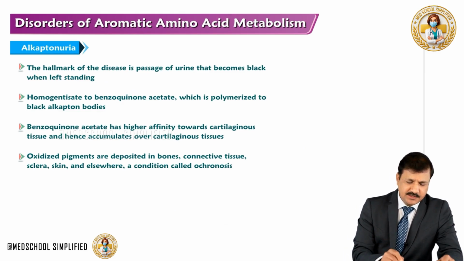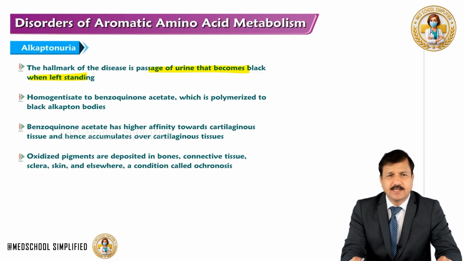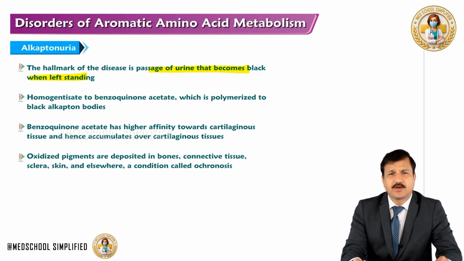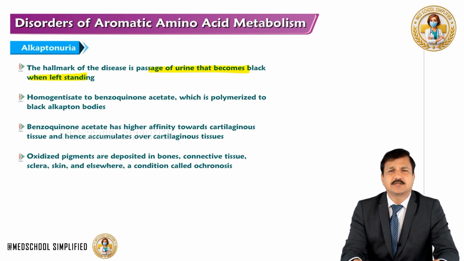The hallmark of this disease is passage of urine that becomes black when left standing because of oxidation upon exposure to air. The black urine frightens the patient, and that is what brings the patient to the physician's attention.